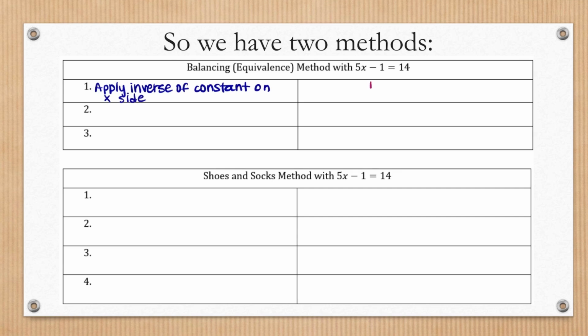So then I would add 1, and I would have 5x equals 15. And then I would apply inverse of coefficient. So then I would divide by 5 on both sides. And then I get my answer, which is x equals 3.